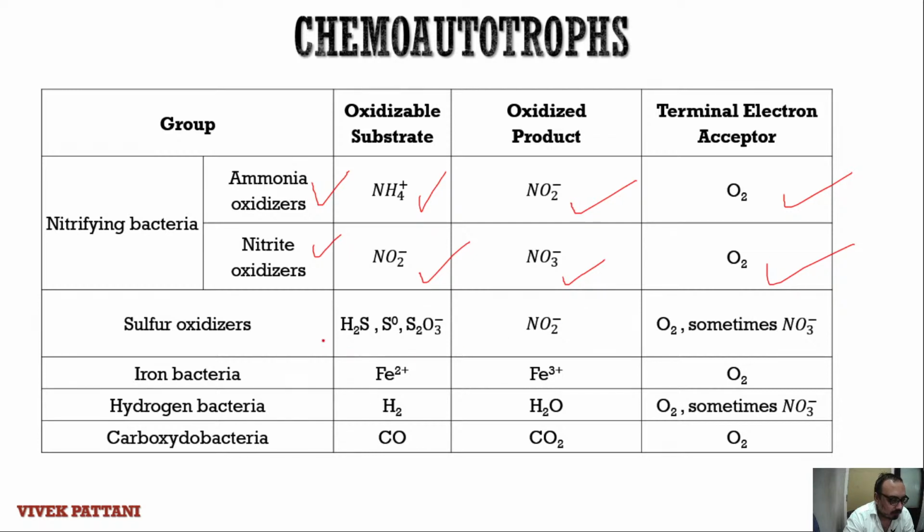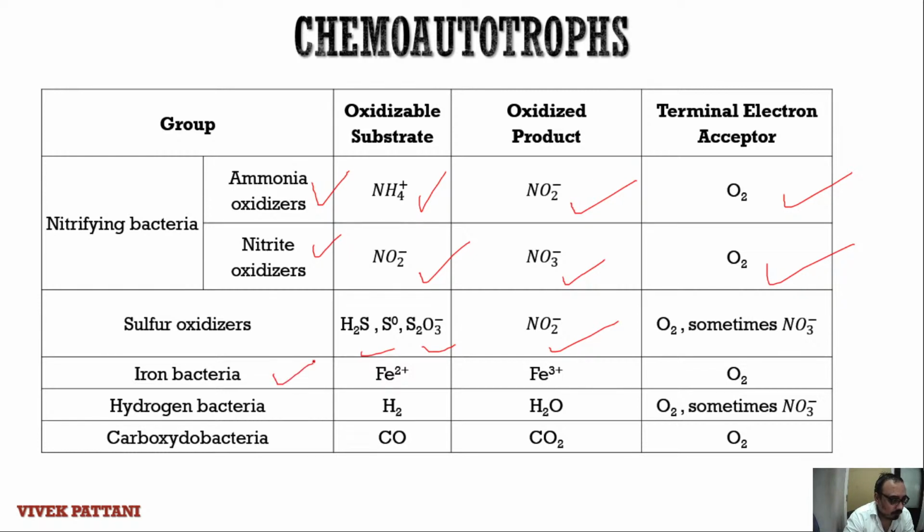Moving forward with the sulfur oxidizers, they use hydrogen sulfide, even elemental sulfur as well as sulfides, and the oxidized product will be nitrite, and the terminal electron acceptor varies from oxygen to even nitrates.